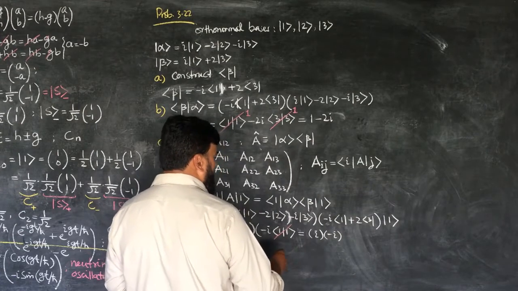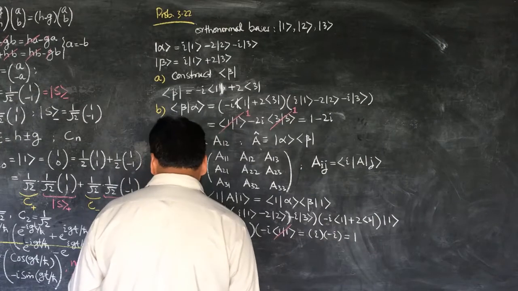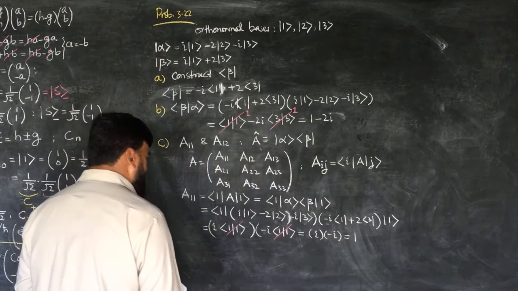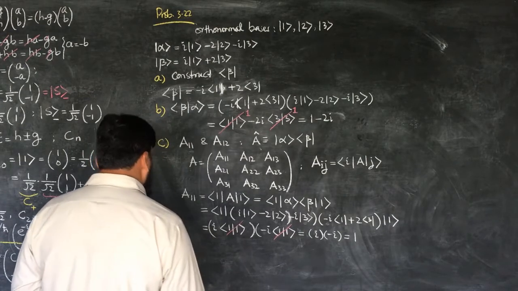So this is minus i squared, and i squared is minus 1. So we got the A11 element equal to 1.